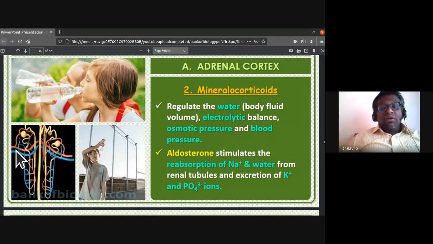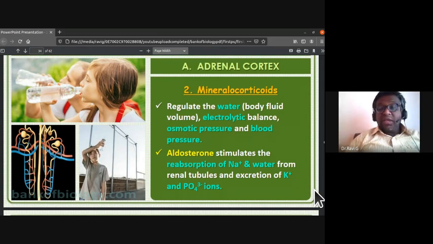Aldosterone stimulates the reabsorption of sodium ion and water from renal tubules, and promotes the excretion of potassium ions and phosphate ions.